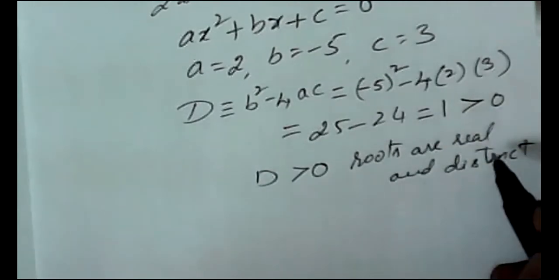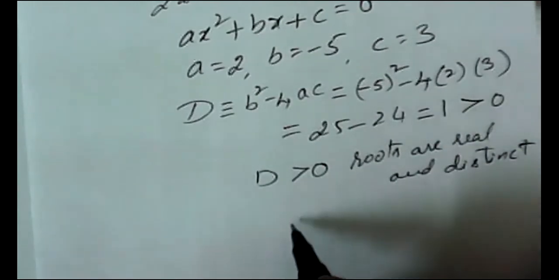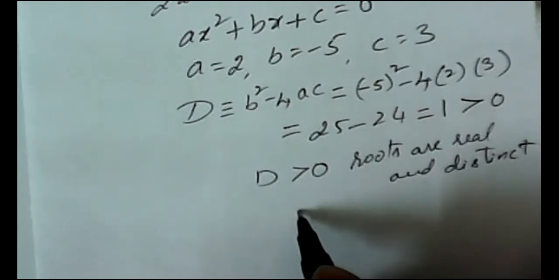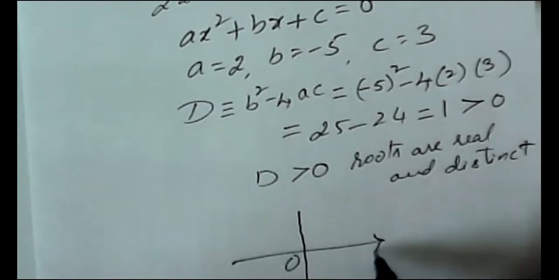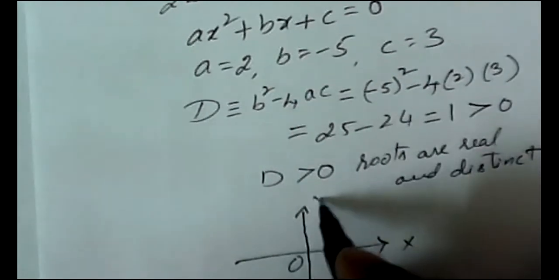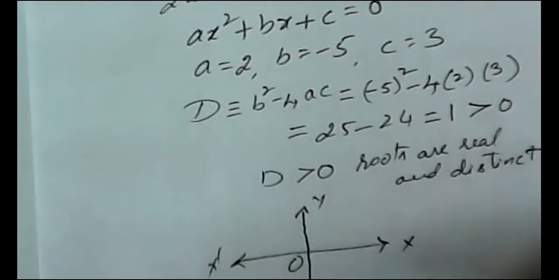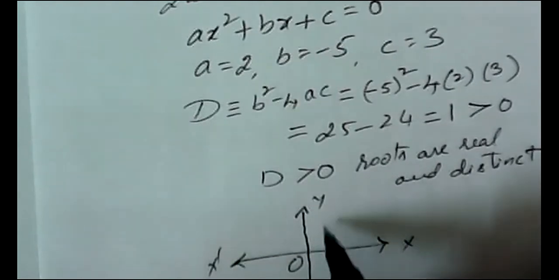So we can say two roots and roots are real and distinct. So the graph will be cutting the x-axis at 2 points, x, x dash, y, y dash. So it may be like this or like this.